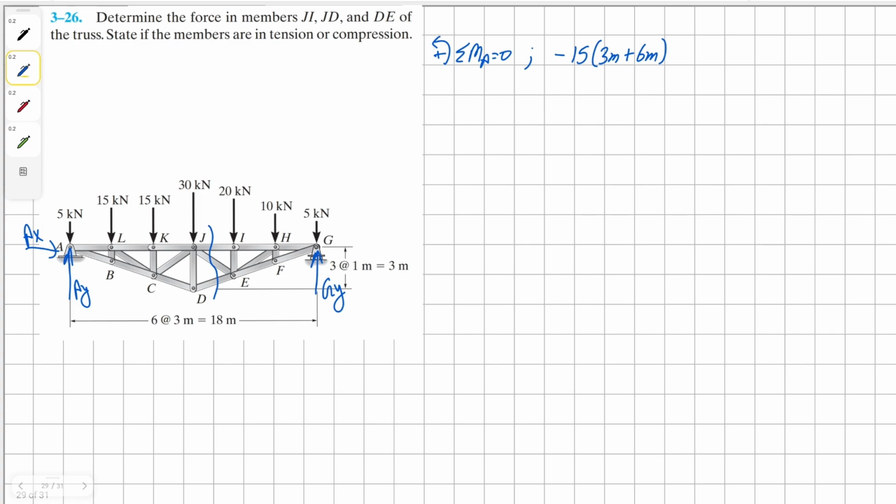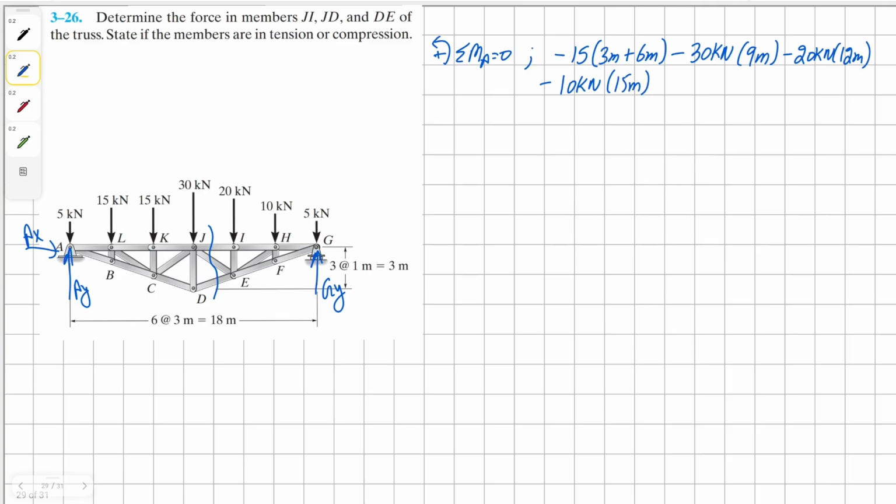Then we have clockwise 30 kilonewtons, 9 meters away. Then we have 20 kilonewtons, 12 meters away. 10 counterclockwise, 15 meters away.